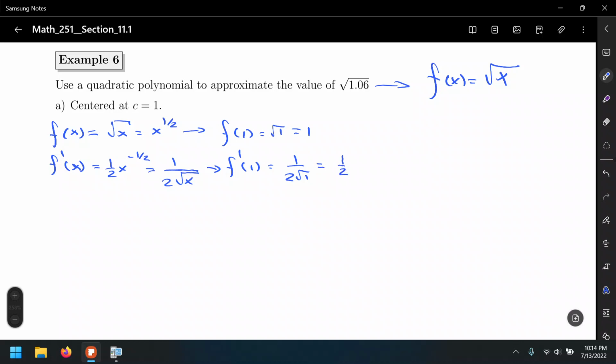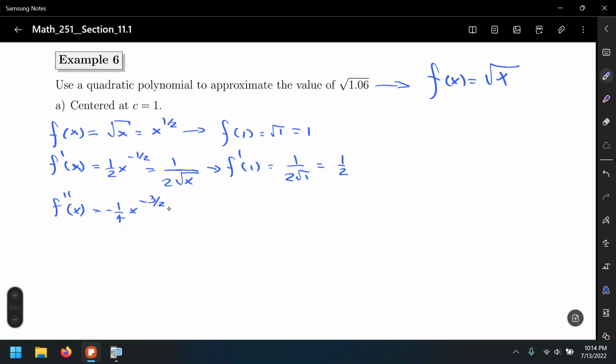And in this case, that was great. We only need the quadratic polynomial, not the fifth one, not the 10th one. So just two derivatives, that's fine, not bad. So 1/2 times negative 1/2, that's negative 1/4, x to the negative 3/2.